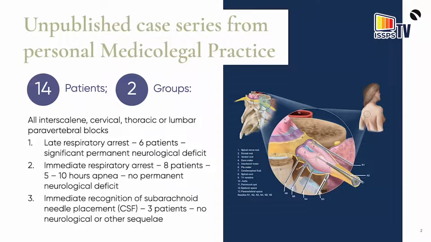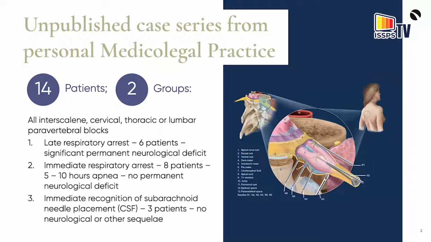There were 3 patients from our own group over a period of 12 years where 18-gauge Tuohy needles were used for the block. The needles were opened to ambient pressure and CSF was noticed at the needle hub. It was regarded as dural punctures and the needles were removed and replaced at a higher level and no neurological or other sequelae followed.